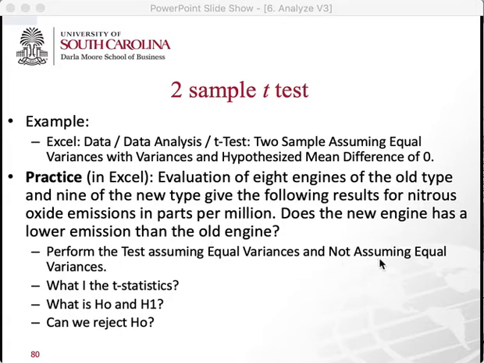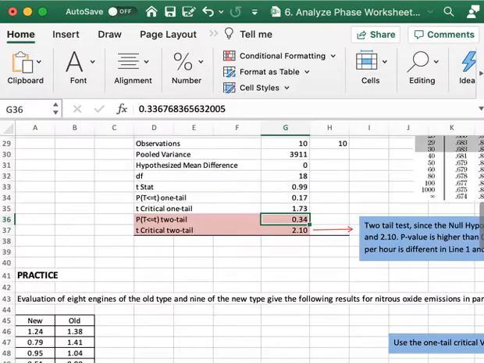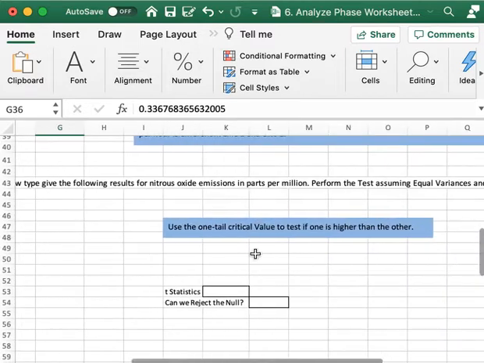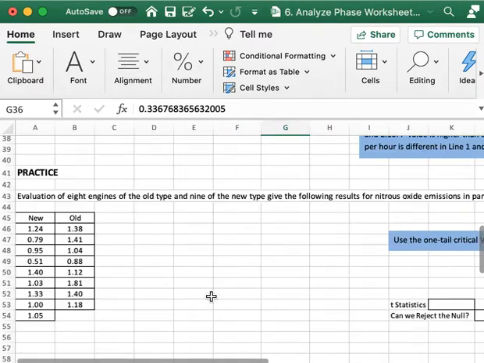Usually the not assuming equal variances is more robust if we don't know the variances. What is the t-statistic? Write down the alternative and the null hypothesis, and can I reject the null hypothesis, yes or no? Remember that the data is all here. We have the old and the new, we have the t, we have the value, can we reject it or not.